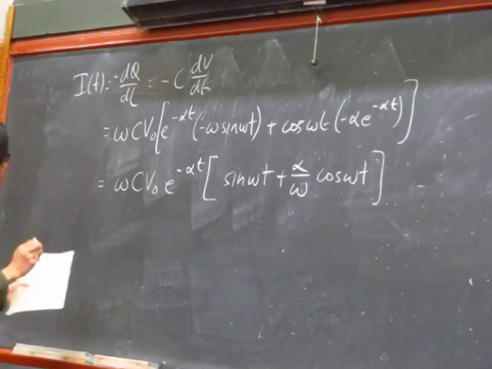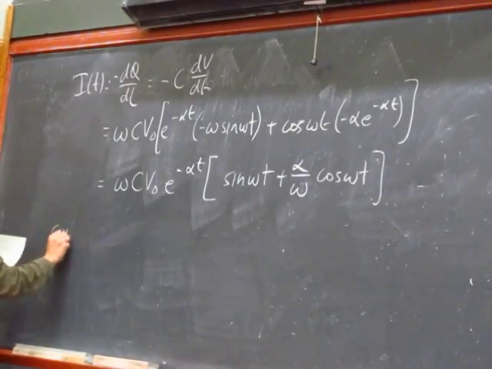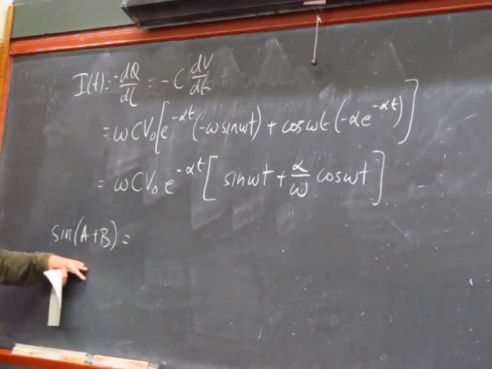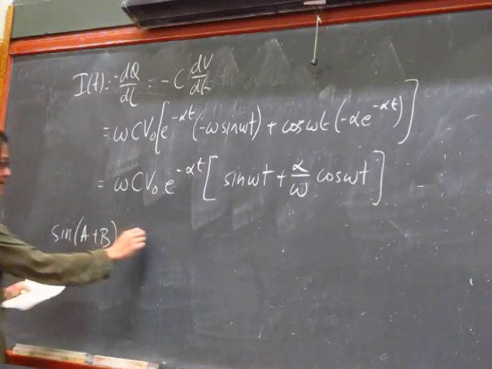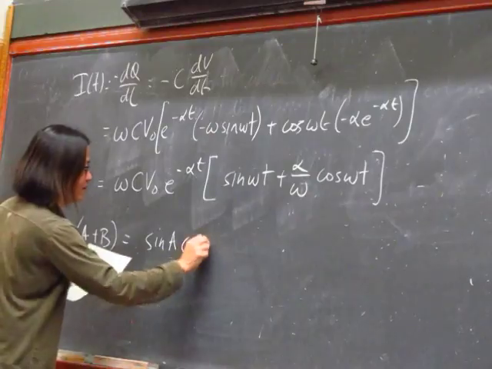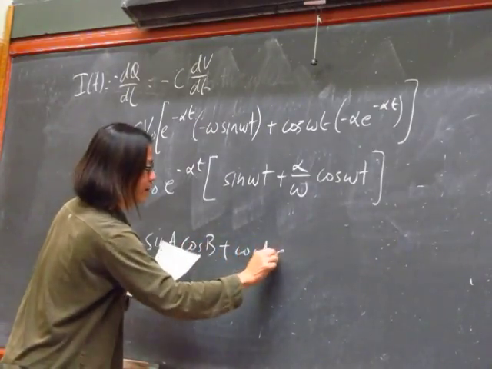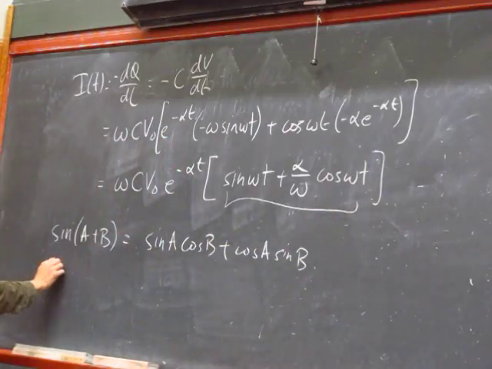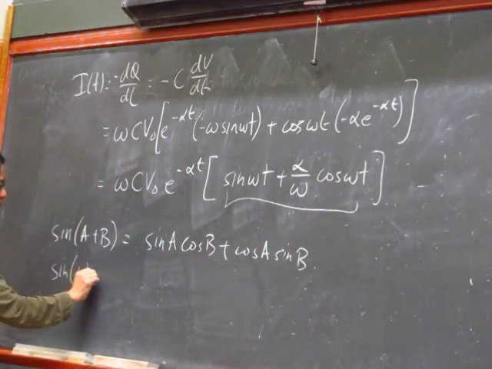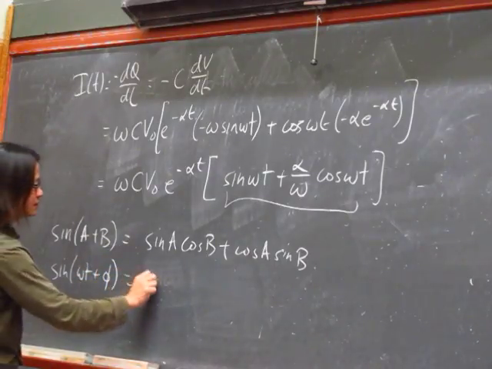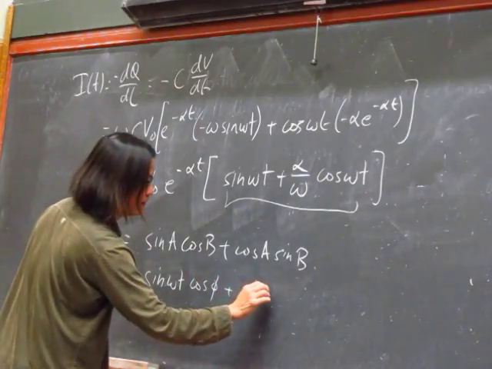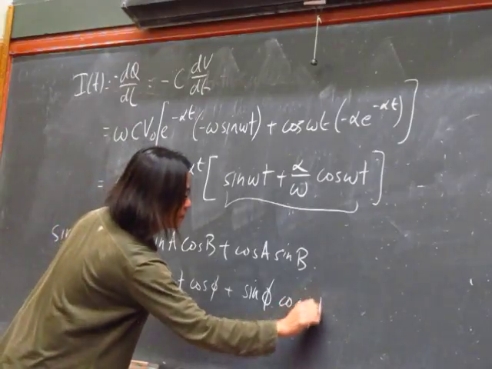If you remember from geometry, sine of A plus B is sine A cosine B plus cosine A sine B. I can write this as sine of omega t plus phi, which becomes sine omega t cosine phi plus sine phi cosine omega t.